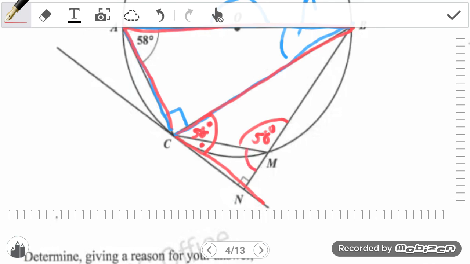So the angle in here is equal to 180 degrees minus 58, and that's going to give us 122 degrees, because that's a straight line. So in here would be 122, and we already have the 90 degrees stated down here.